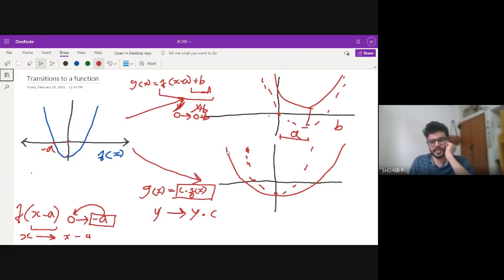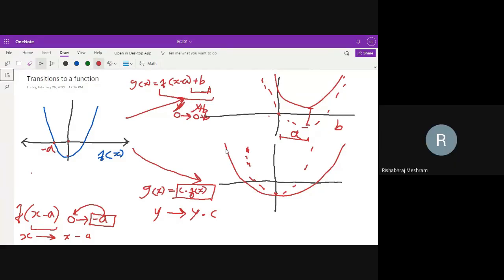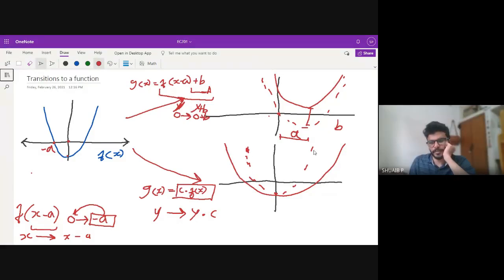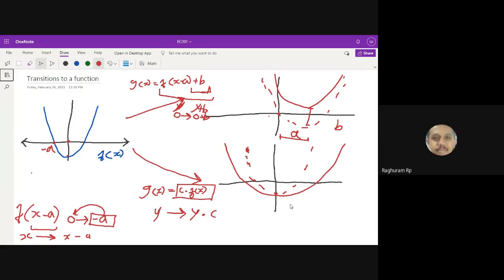So this would be the transformed curve, no? For negative values, it would make it more negative. For positive, it would make it further positive. But that point can't change. Yeah, that is correct. That is the difference between the previous one and this one, right?